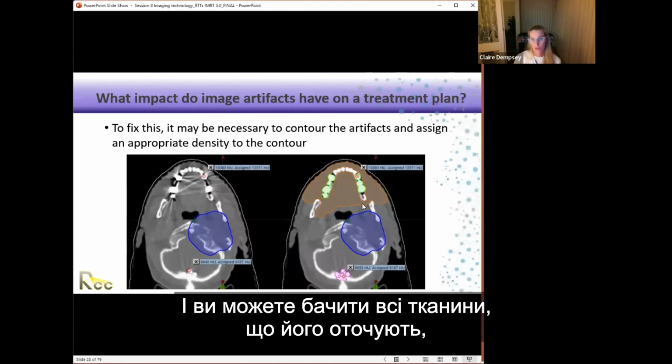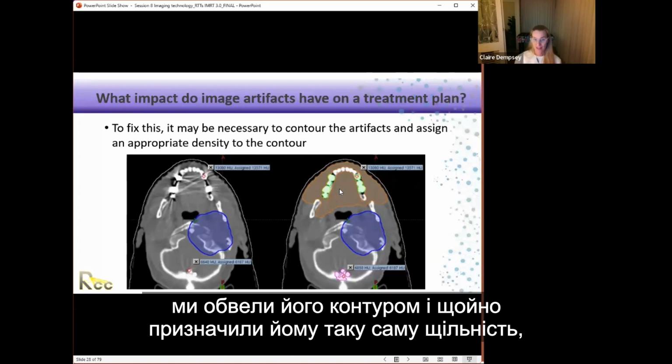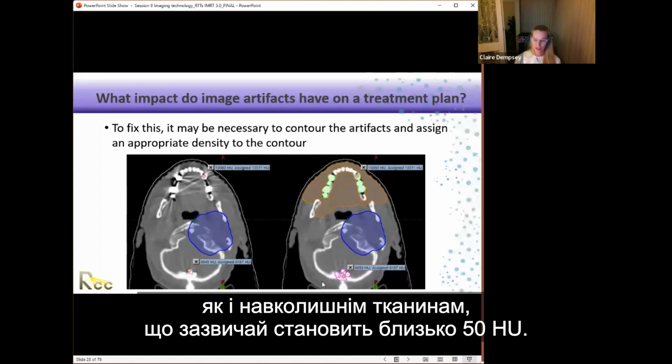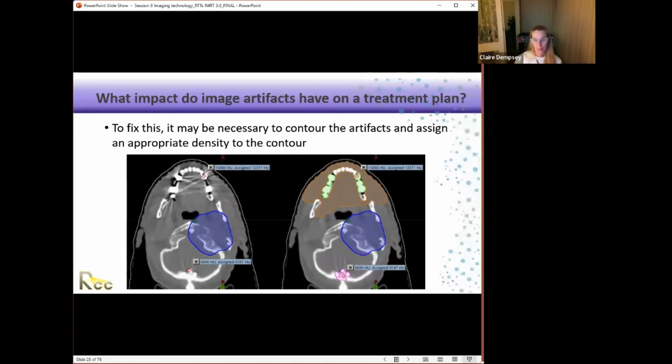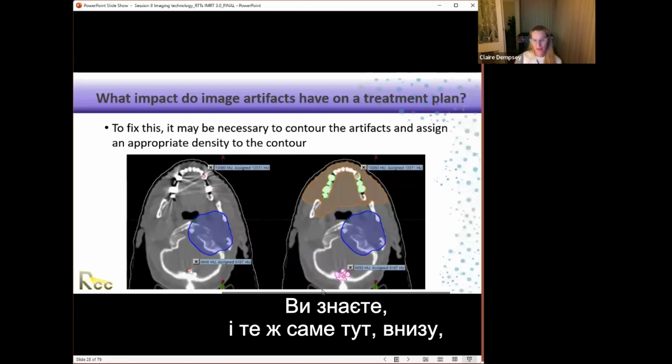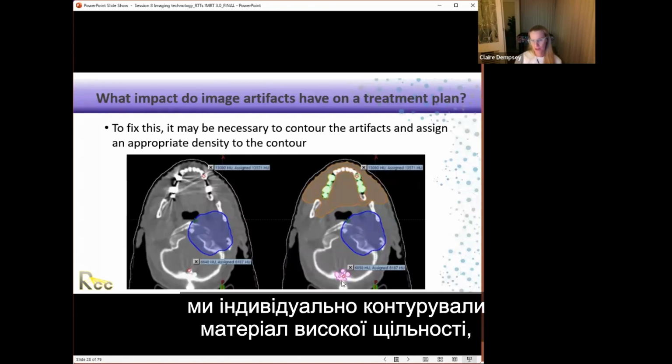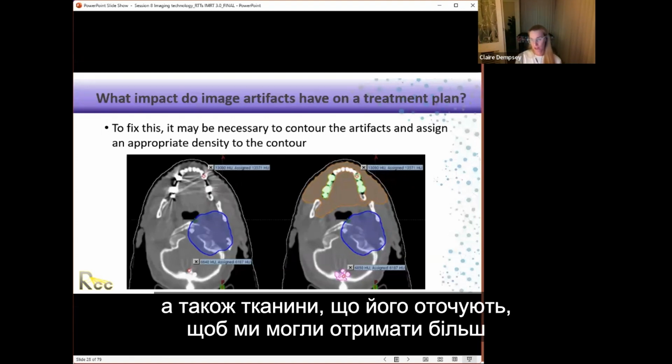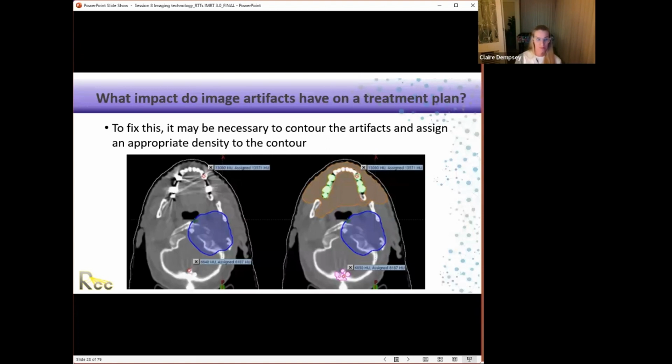And you can see all the tissues surrounding it. We've contoured that in, and we've assigned the same density as the surrounding tissue, which we usually give around 50 HU. The same thing down here. We've individually contoured the high density material as well as the tissue surrounding it so that we can get a more accurate dose calculation.